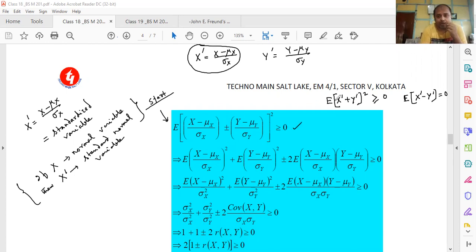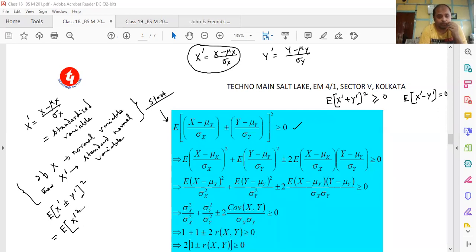Now, once you write this, let us write it over here. If you write E of (x prime plus minus y prime) whole square, what does it mean? You can break the squares. Either you can write a plus b whole square, or a minus b whole square.